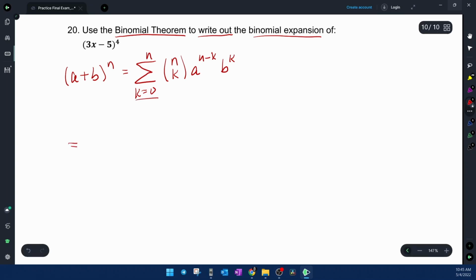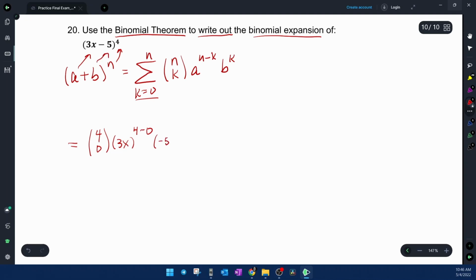Okay, so starting with k equals 0, we can see that n in this case is 4. So that's going to be 4 choose 0, a, which is 3x, to the n minus k, which in this case would be 4 minus 0. B is negative 5.